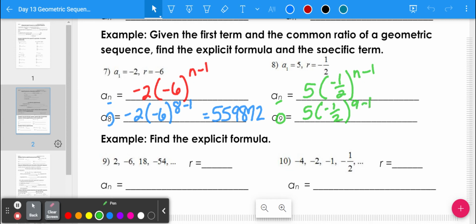If you need some extra time to put this into the calculator, remember to pause your video, type it in, and see if you get the same answer that I do. When you type it into your calculator, you get 5 over 256. Now, if you have this in decimal form, that's fine. 5 divided by 256 would give me 0.0195.